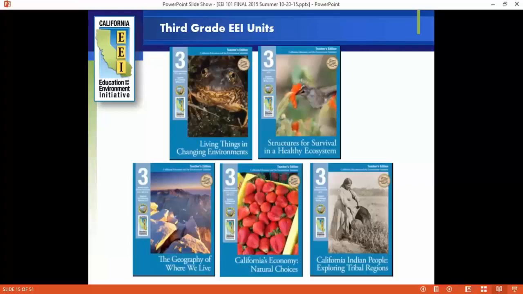And I teach fourth grade, and I was so happy to realize that, oh, you know what, Structures for Survival is kind of becoming a fourth grade unit. It is. So that's another thing to keep in mind. If your district is starting to really engage the NGSS standards, you might want to look at the NGSS standards before you order your units, with an eye to the subject rather than the grade level that's on the unit.